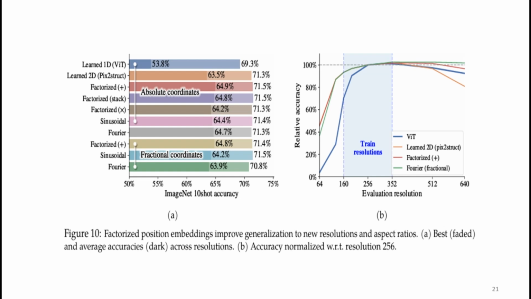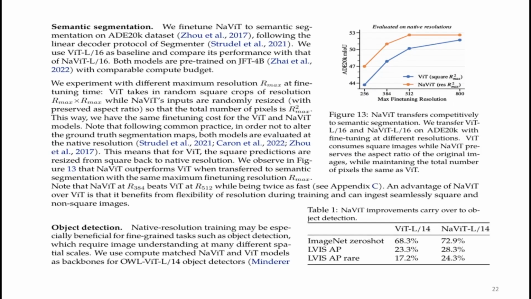It has shown improved performance on robustness and fairness benchmarks. And at inference time, NaViT's ability to handle diverse image sizes enables it to efficiently balance the cost performance trade-off based on the input resolution.